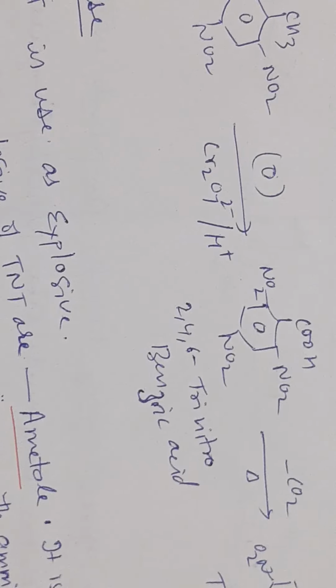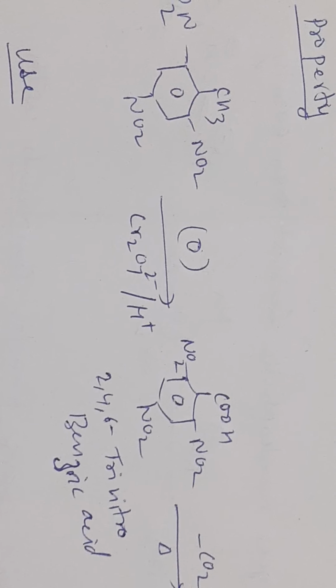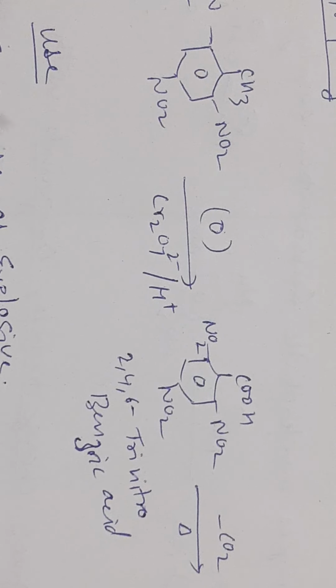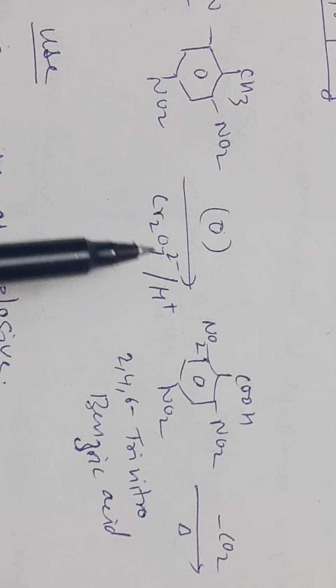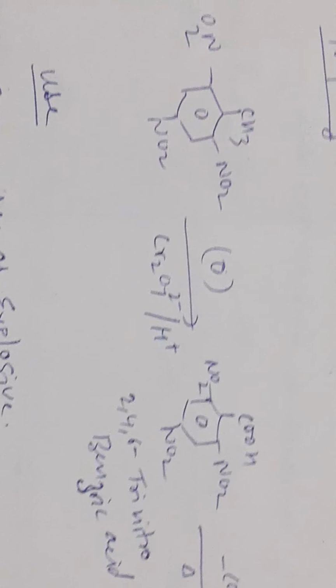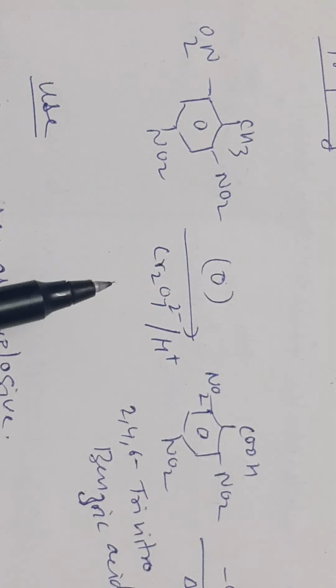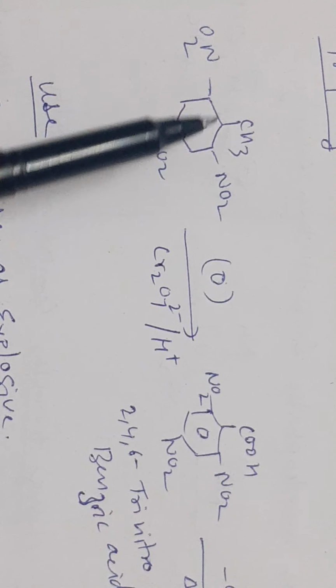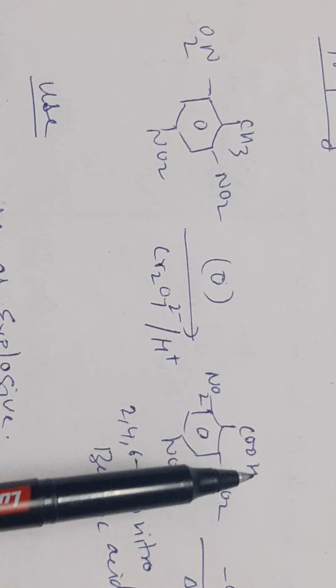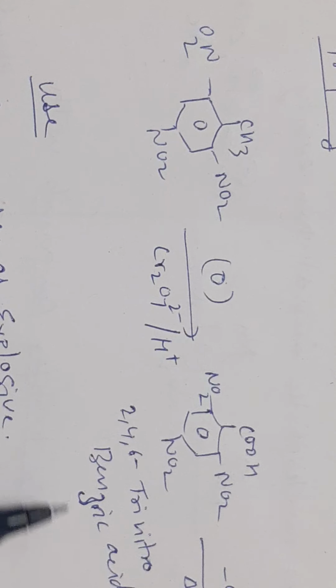This TNT undergoes an oxidation reaction. When TNT is oxidized with chromic acid, the methyl group is oxidized to the carboxylic group and we get 2,4,6-trinitrobenzoic acid.